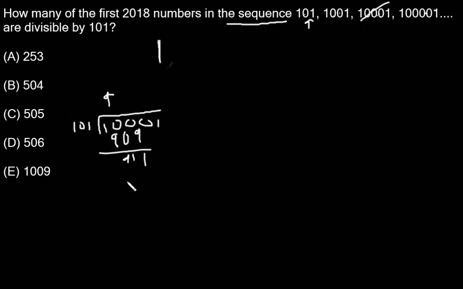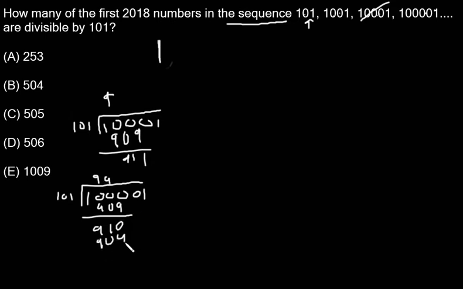Is term 4 divisible by 101? So we have 9, 909, 91, a 0, 9, 1, 1. 11 is not a factor of 101, so we know that this fourth one is not, okay? So let's try with 5 zeros now.